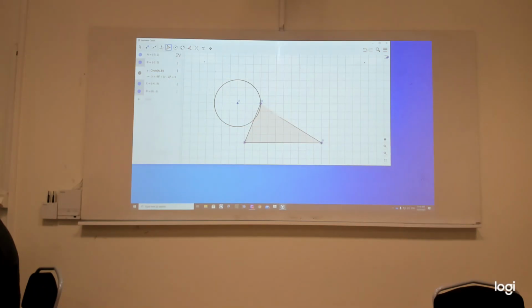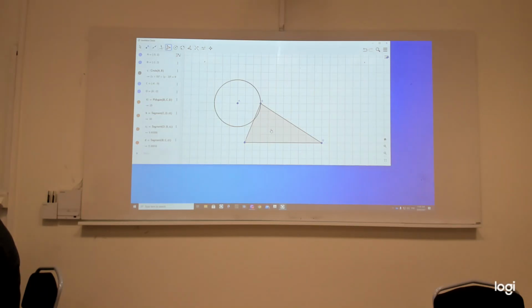For example, this triangle. My point is to keep this CD base fixed, and I want to let B move on this circle. And then I am asking you, what is the locus of the centroid?